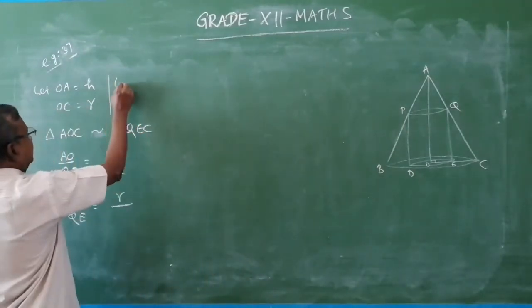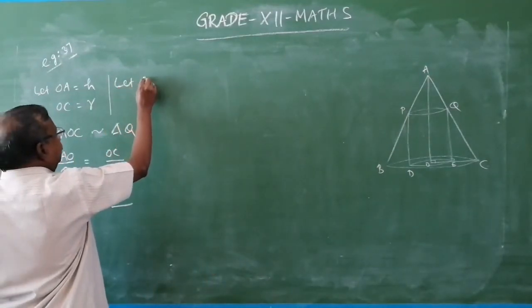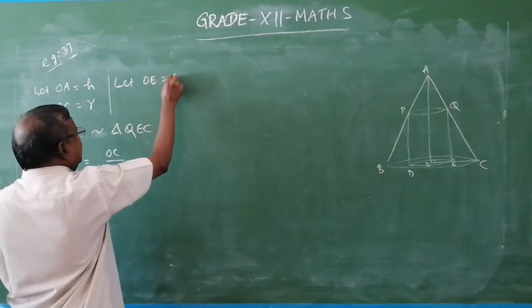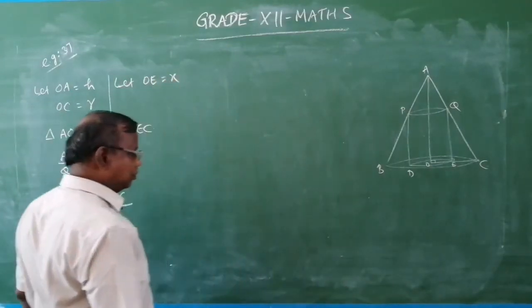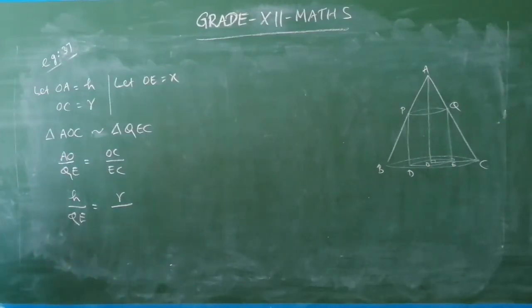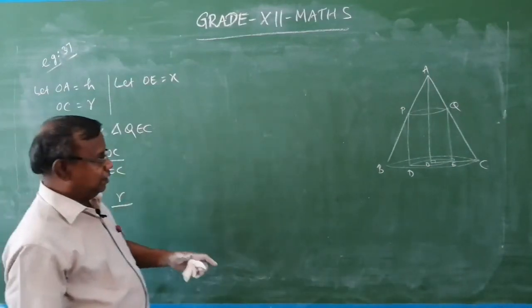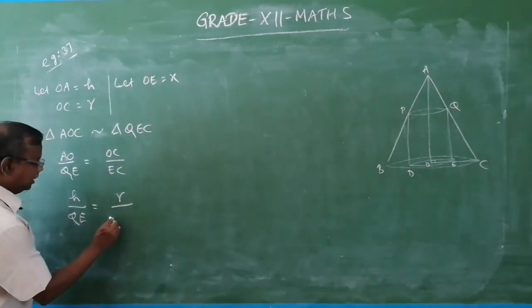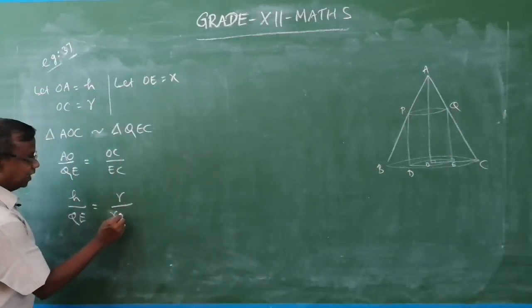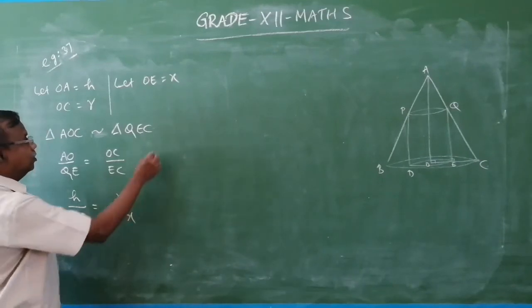Now, let us take OE equal to x units, x centimeter. So, OE equal to x. Therefore, EC equal to OC minus OE, OC means R, minus OE means x.